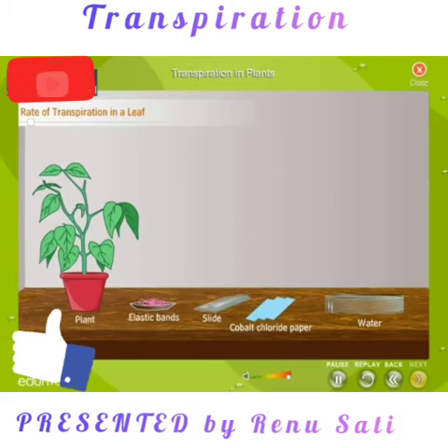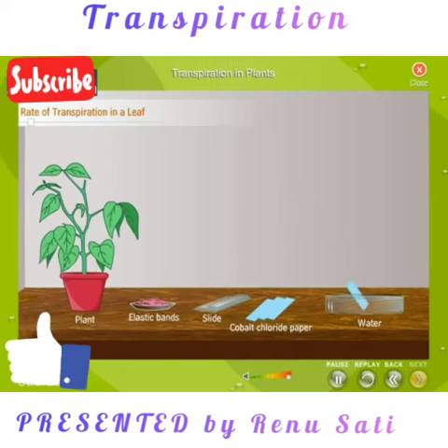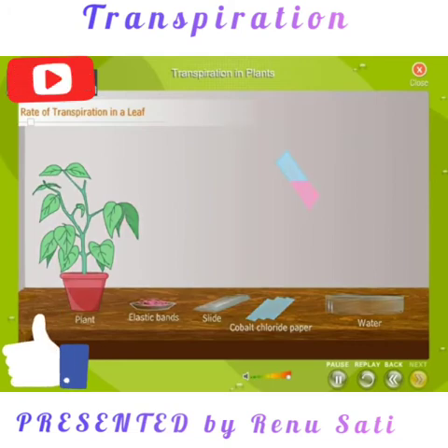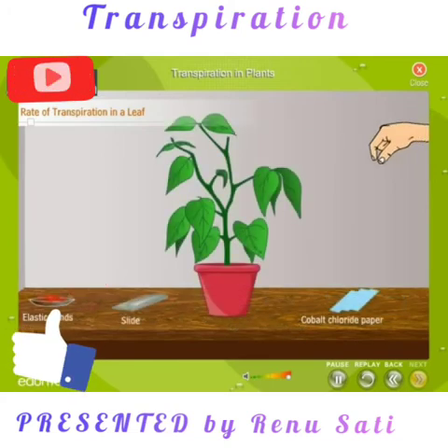This experiment will tell you that both the surfaces are not transpiring equally. For example, in the case of a dicot plant, take cobalt chloride paper, which has the characteristic that when it comes in touch with water, it changes into pink color.